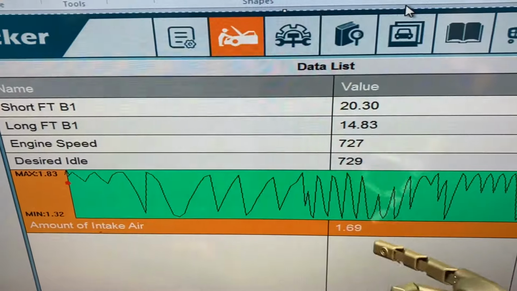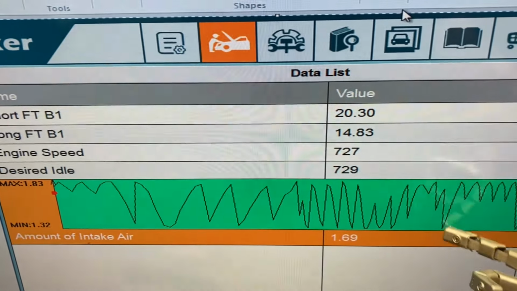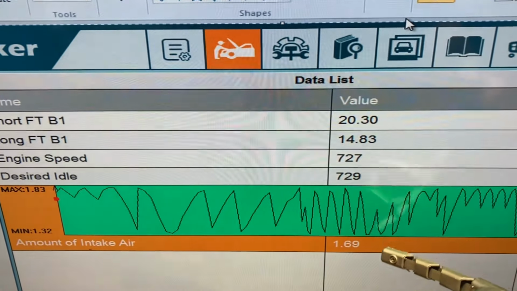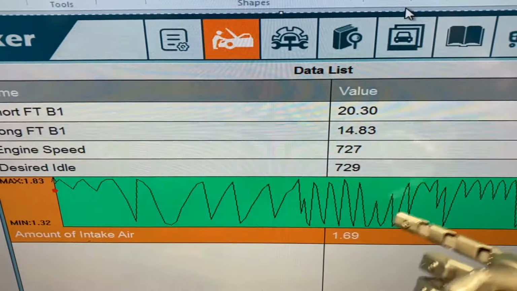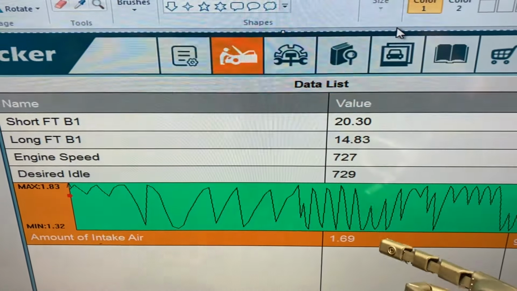So the mass airflow sensor was telling the engine control module there was way less air going into the engine than in actual fact there was. Makes sense? It was telling it there was 1.7 when in fact there was 2.1.